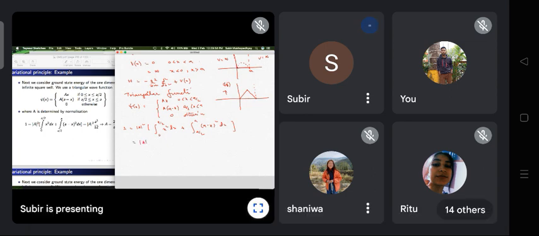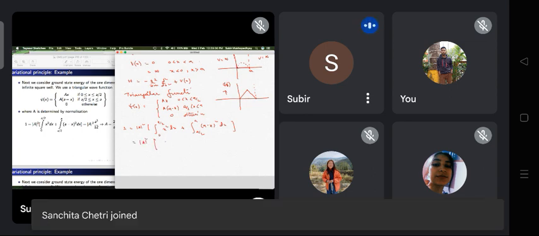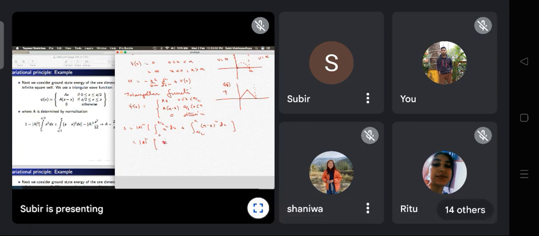Mod A squared we get from here: x cubed by 3, 0 to a by 2, plus how much is this one?